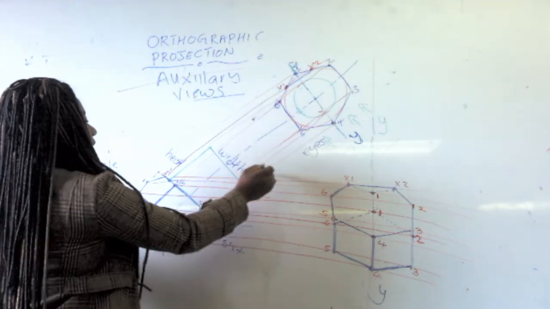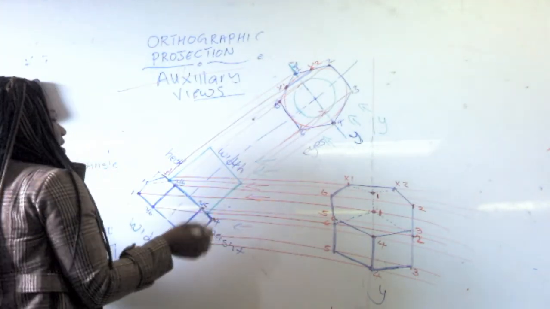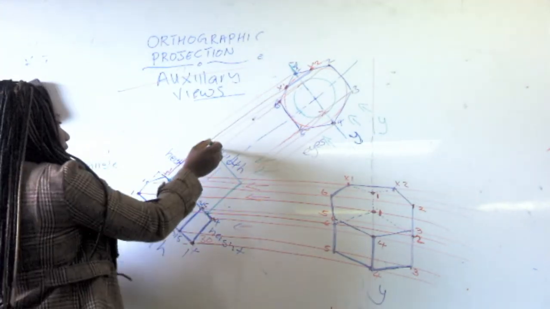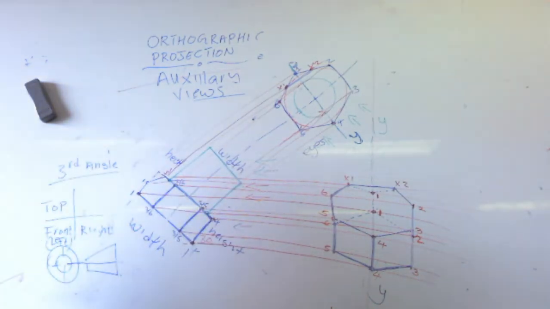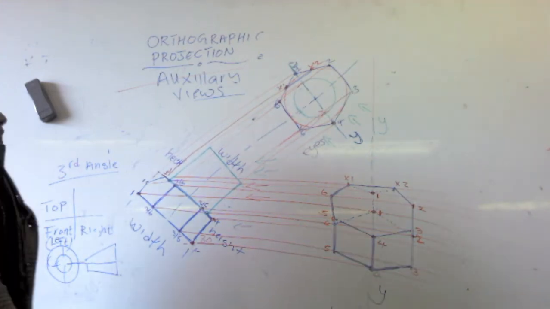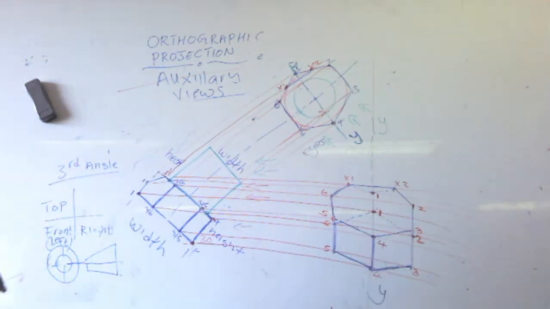So looking from the right-hand side, which part of the cylinder will you see mostly? The top part of the cylinder or the bottom part? The top part. Okay, so what we do with the cylinder, because it hasn't got any corners, you have to divide it in 12 divisions. Anything that is circle, even a ball, must be divided in 12 divisions.